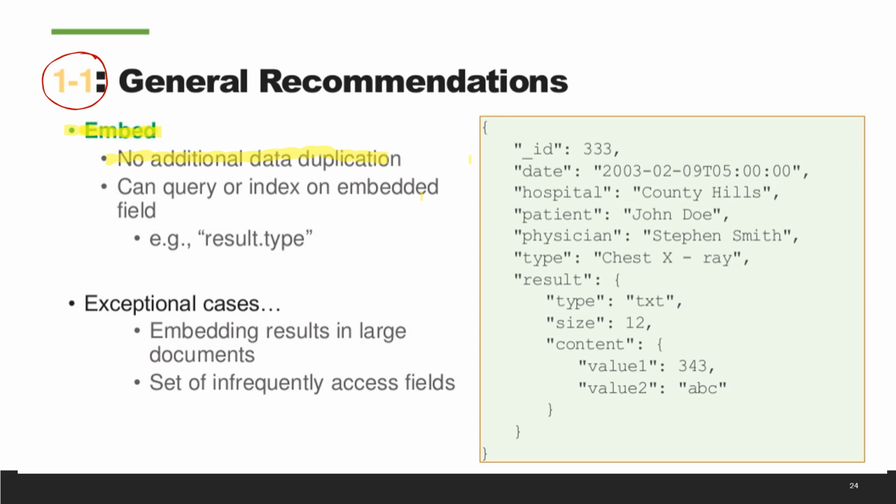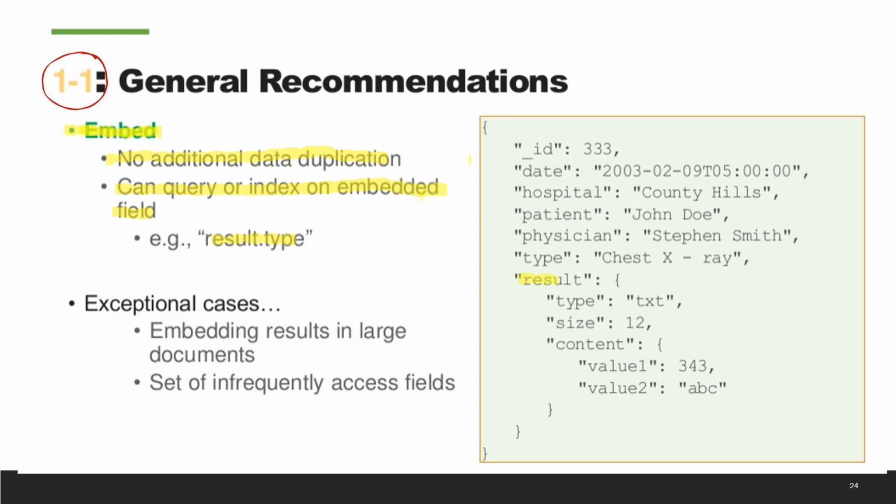We don't need to make use of referencing or something similar to foreign key, primary key, right? And in terms of querying on the embedded field, actually you can use the dot mechanism to refer to the sub or the nested field or nested document. For example, here in the example document on the right hand side, if we refer to the attribute result.type, what does it mean?